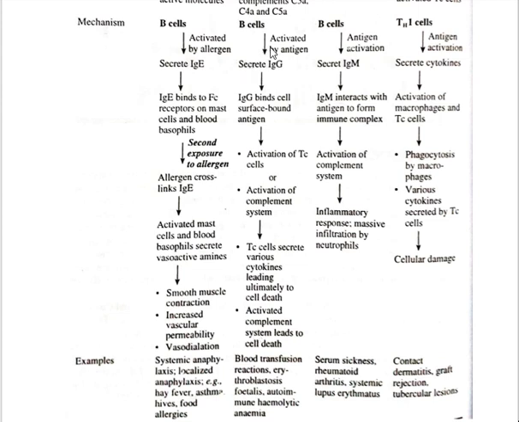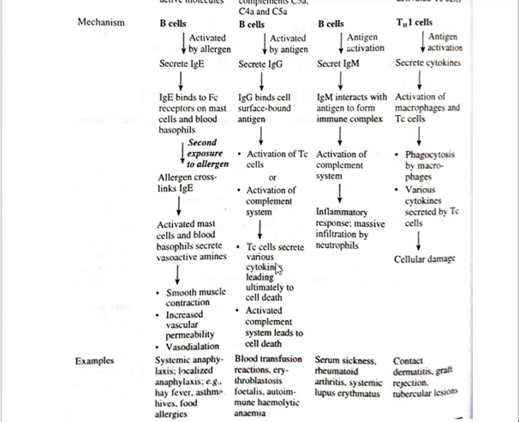In the same manner, we have discussed type 2 hypersensitivity, where IgG antibodies are involved. The B cells activated by antigen secrete IgG, and this IgG binds to the cell surface bound antigen, activates the T cells and then activates the complement system. That's the reason why we call this antibody-mediated cytotoxic hypersensitivity.